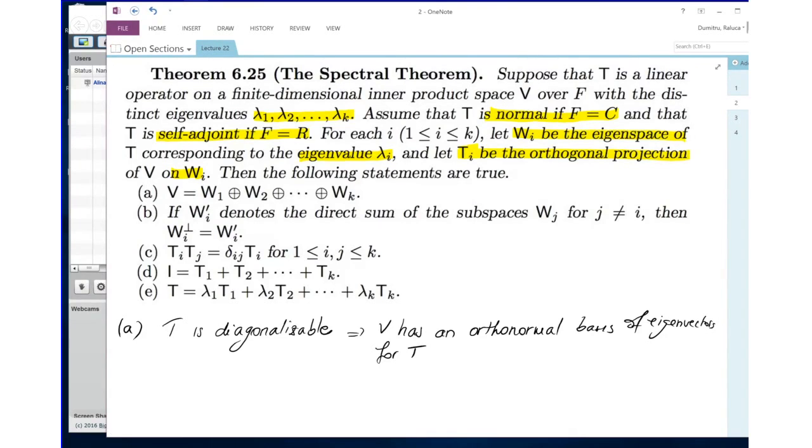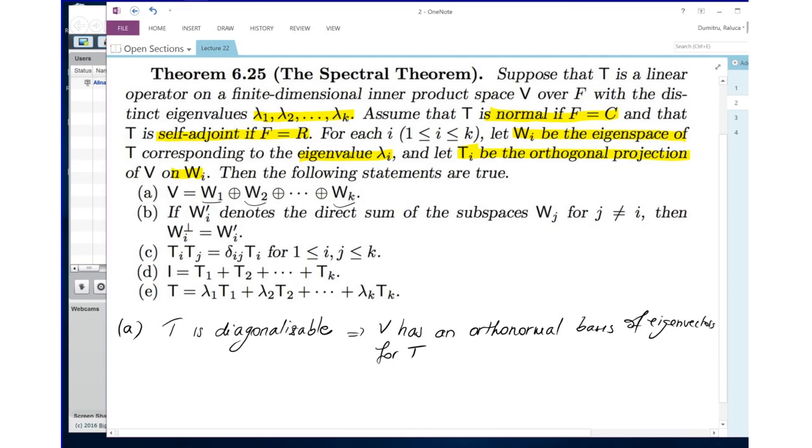That's how we got the basis. So one for W1, then one for W2, and so on, one for Wk. All those spaces are disjoint, so there are no eigenvectors for the same eigenvalue, so the intersections are just 0.